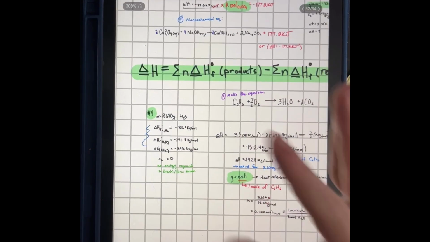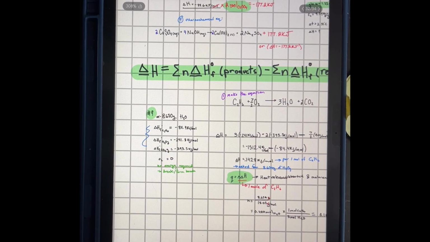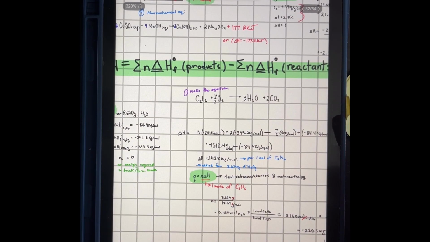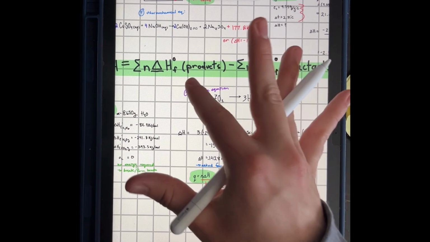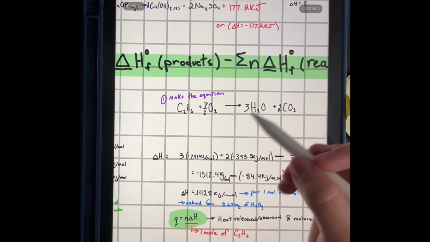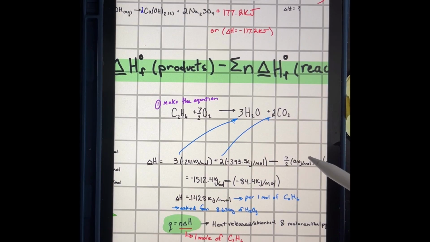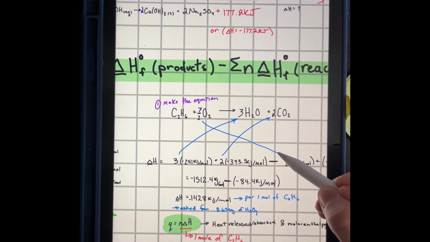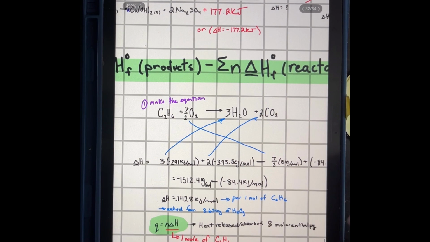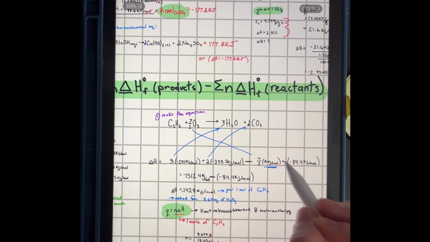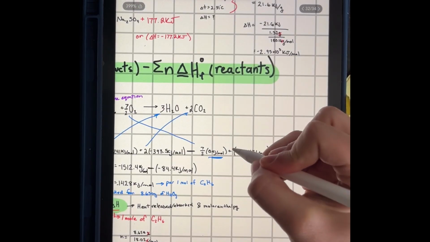So the first thing you need to do is make your equation, and then it's just a matter of plugging in numbers. Take your time with it because it takes a while. In the equation, the moles are the moles from the equation. So we have 2, we have C2, and then 7 over 2, but that doesn't matter because we have 0, because that already exists in its natural state, and then we have 1 here, but that's nothing.